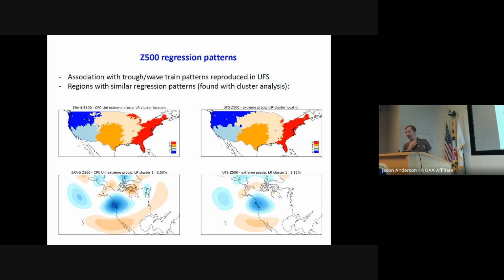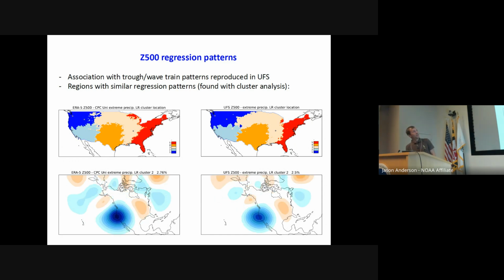This is a large scale circulation. So over the Pacific Northwest, we tend to have this pattern on the lower left, and that is reproduced pretty well in UFS. And here, if you look at the Southwest pattern, it looks quite similar, and even some anomalies upstream and downstream.